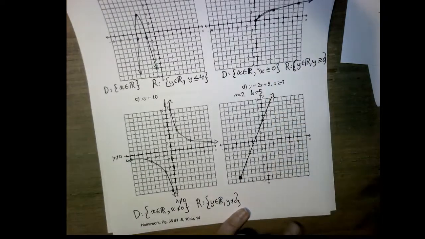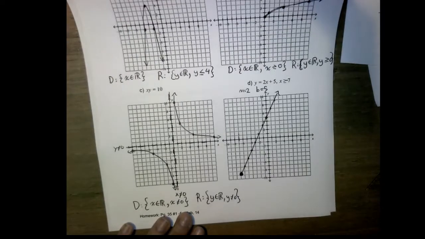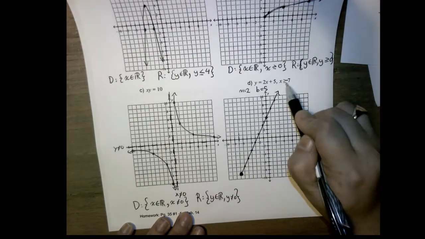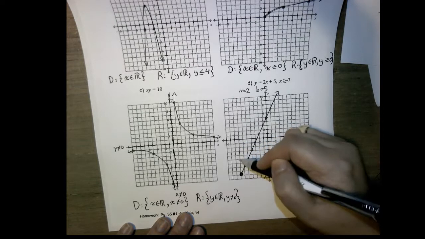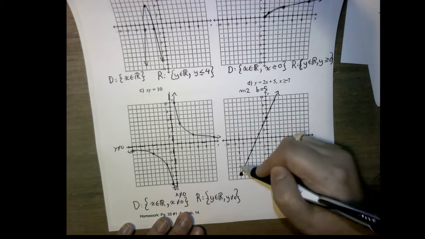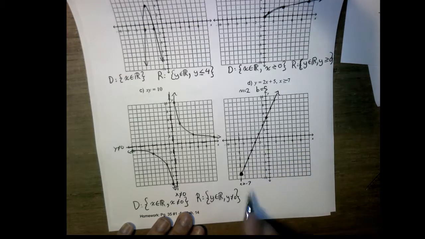So it's going to continue forever in this direction, but it's not going to continue before this point, right? Because x has to be bigger than or equal to -7. And I just changed that number in the question so I could draw it on my graph.